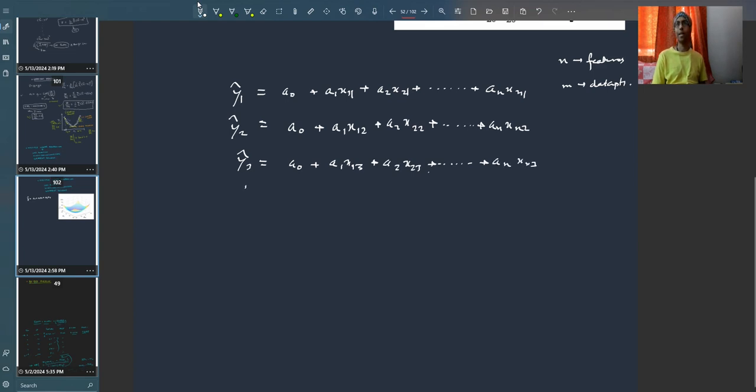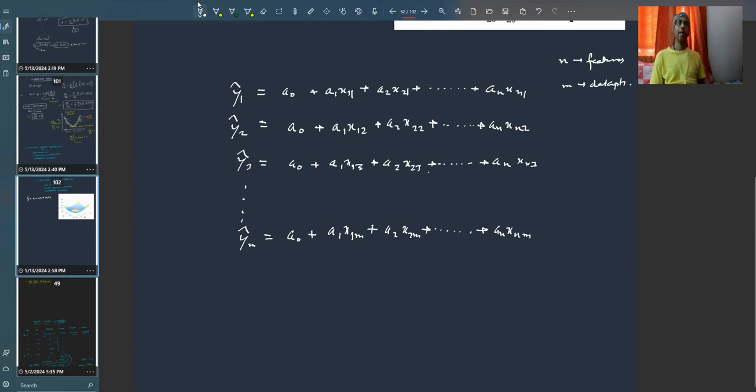This is not even the first iteration of gradient descent, we are just writing the initial data position. This goes up till m data points. ym hat is equal to a0 plus a1 x1m plus a2 x2m plus dot dot dot an xnm.